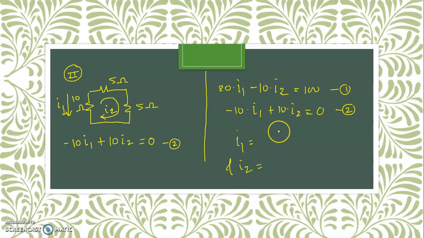So the values are I1 is equal to 10 ampere and I2 is also equal to 10 ampere. These are the values which we are calculating by using a calculator.